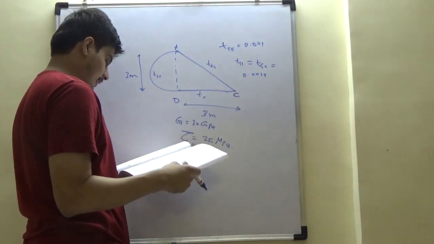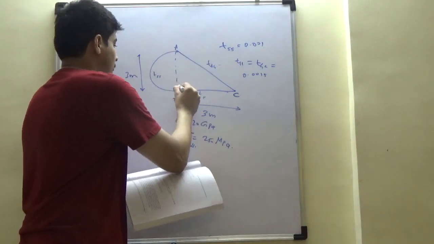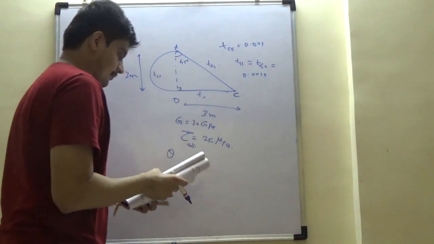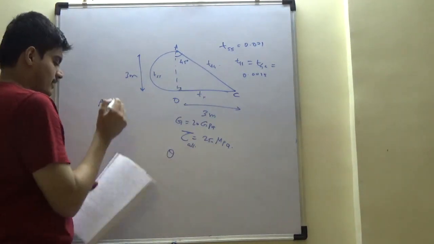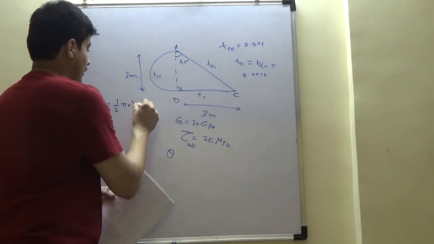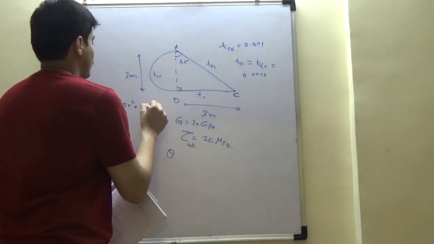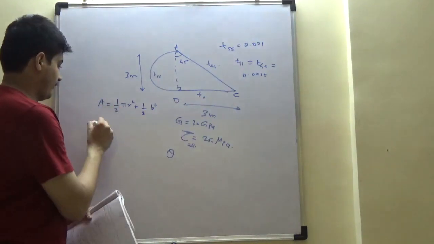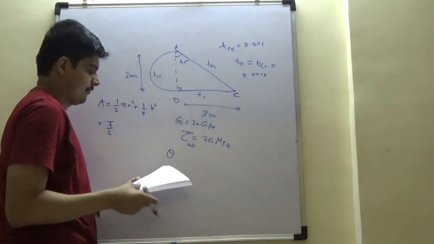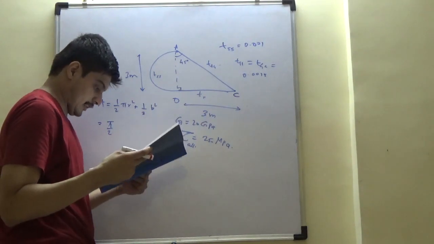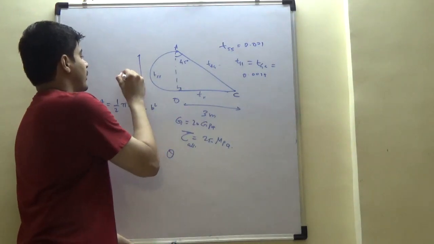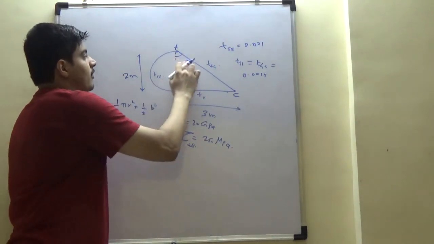Since these are rectangular, because this is 3 and 3, it means this is 90 degrees and these are 45 degrees equal. So the area of this cross section is half pi r square plus half into p square, which is this base. My sincere apologies, this is not 45.